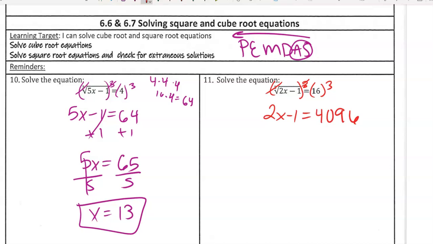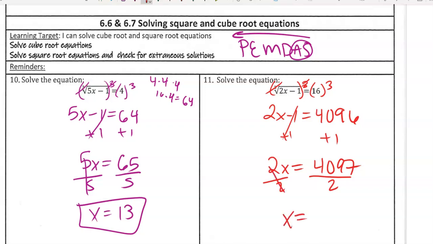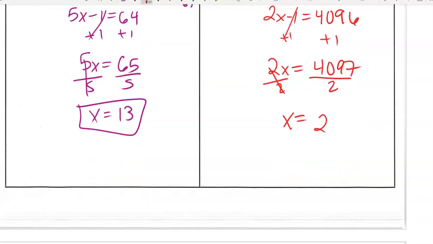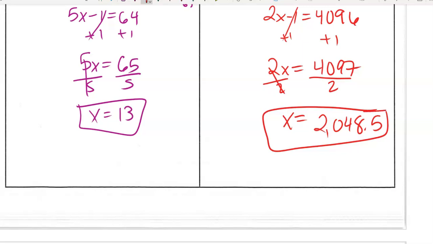Well, we'll just go along because at this point we're already almost done, so who cares? 4,097 divided by 2. A little obnoxious. I promise you the test isn't like this. Divided by 2 is 2,048.5. All right, that was an ugly one.